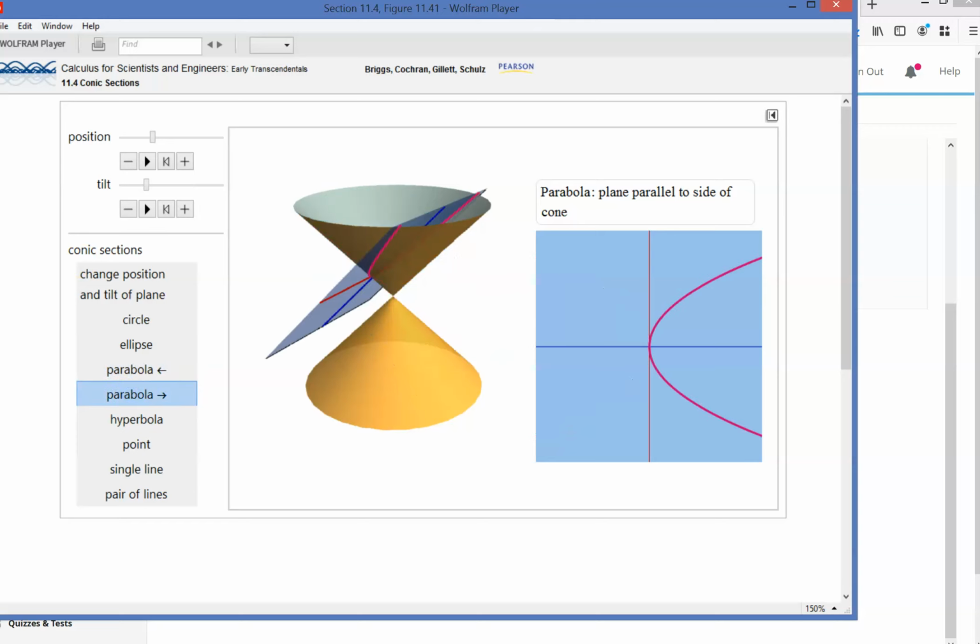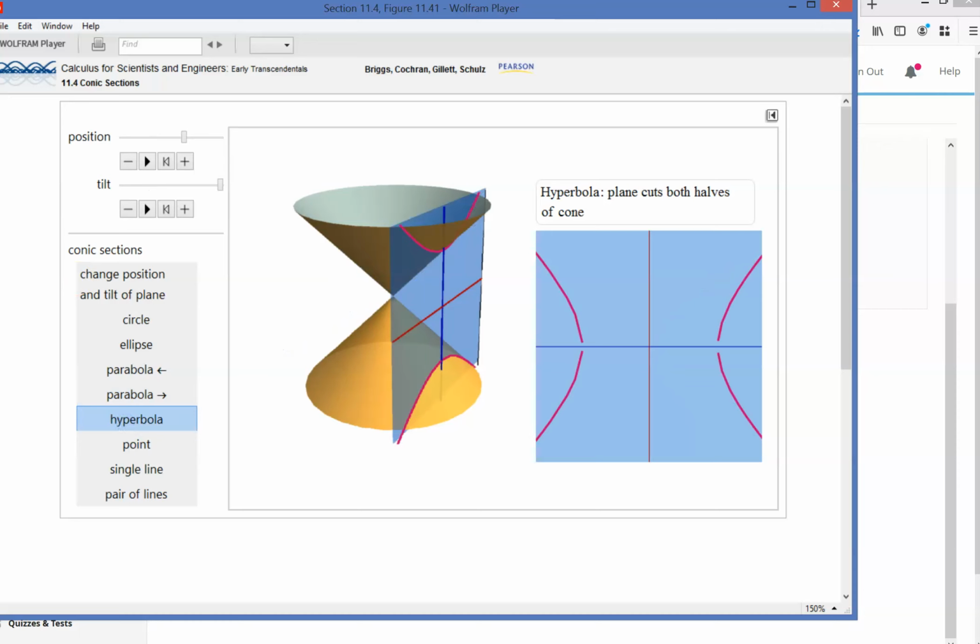We also can get a parabola if we cut with the plane parallel to the other side of the cone. And then the third conic section. So the basic three are ellipse, parabola, and hyperbola. If you slice through the cone parallel to the axis of the cone, then you get a hyperbola that has two arms or two pieces to it.